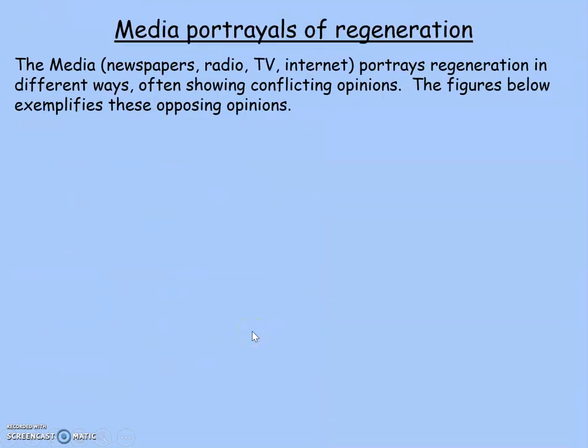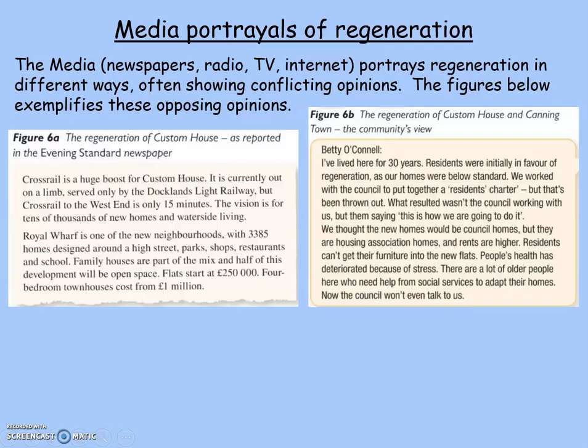I'm rushing a bit because I've got a little bit of time left. The media portrayals of regeneration: quite often in the media, regeneration is shown in different ways, but also often with opposing opinions, and I would like you to read these at your leisure.